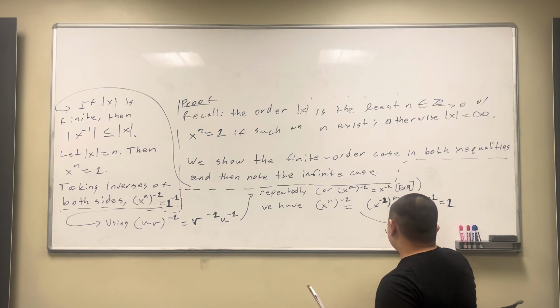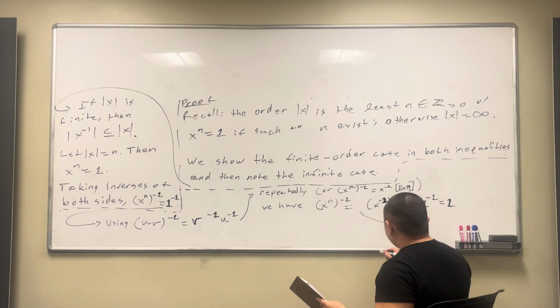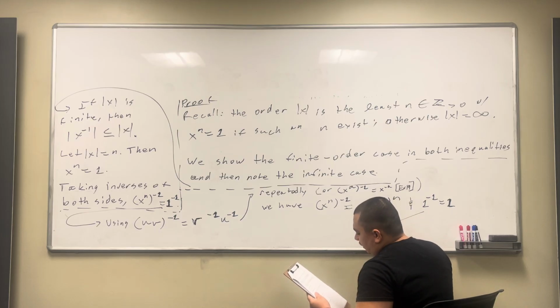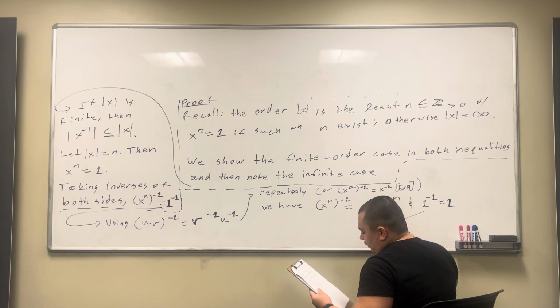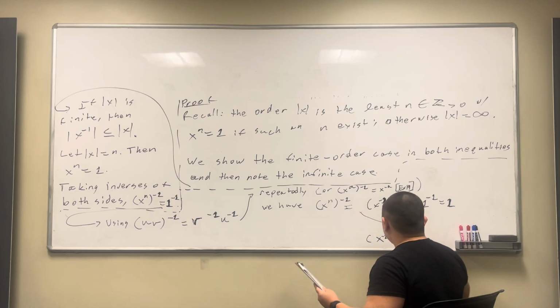Show this, connect both of those individual pieces, and what we get is, open parentheses, x to the power negative 1, close parentheses, to the power n is equal to 1.